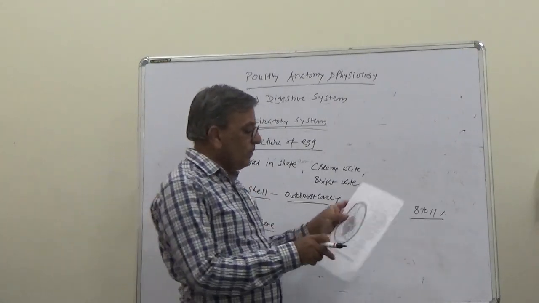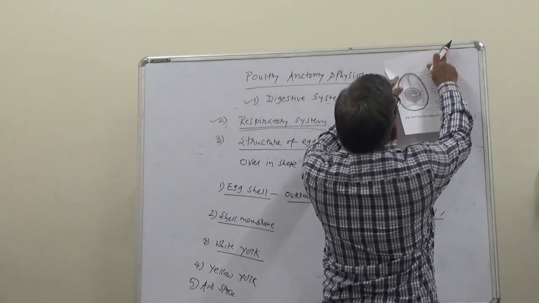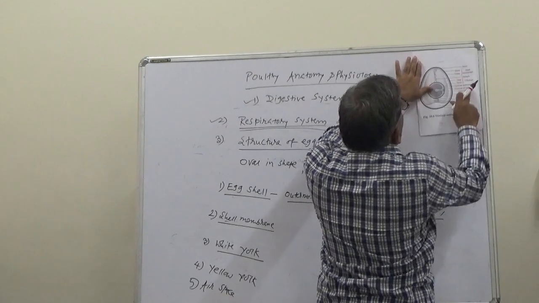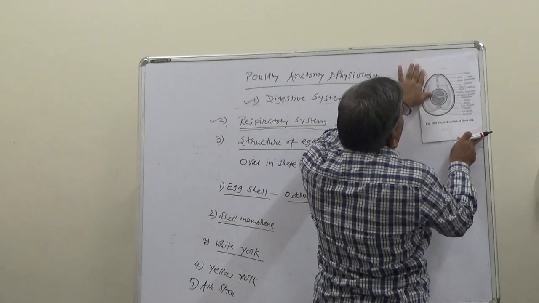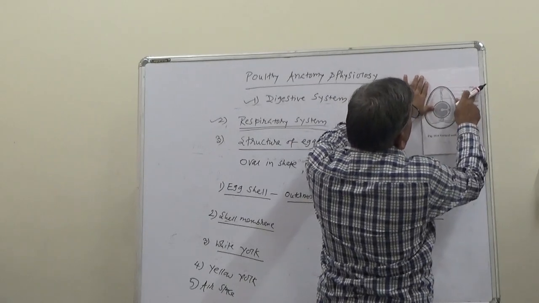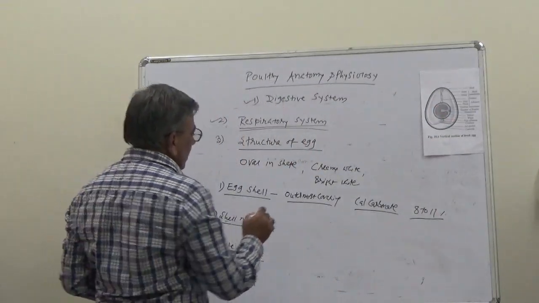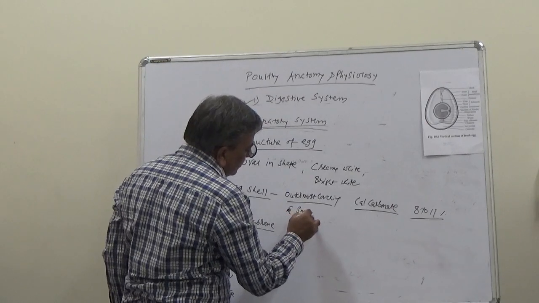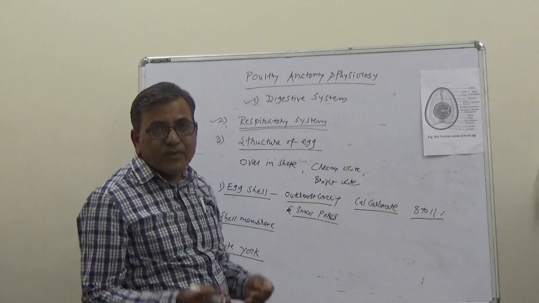On the surface of eggshell there are small pores. If you observe minutely, you will be able to locate them. These small pores help in the process of exchange of gas.